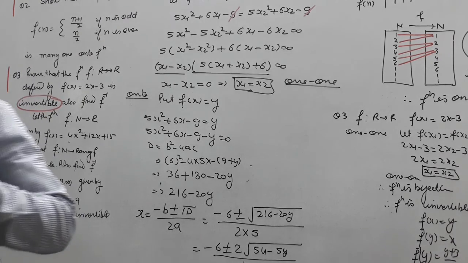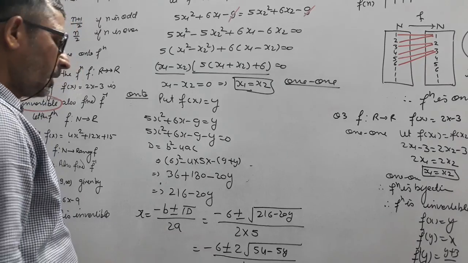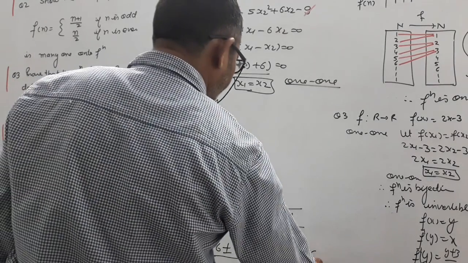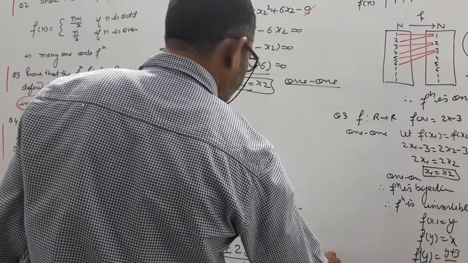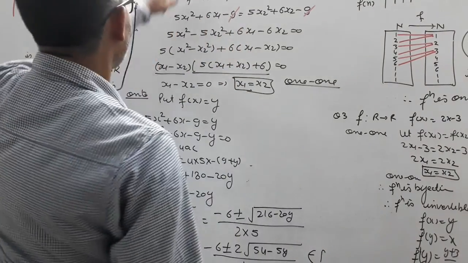First we proved that the function is 1-1. For onto, put f(x) equals y. This is the value of x, and according to this, the value always belongs to the first set, that is R positive.